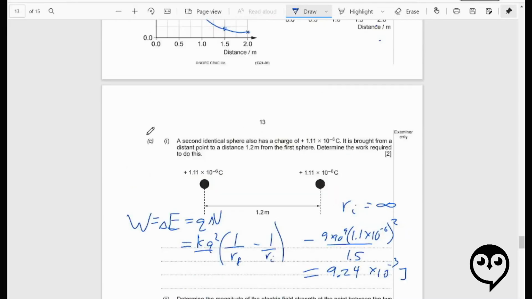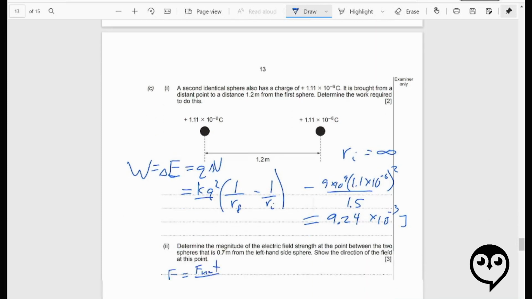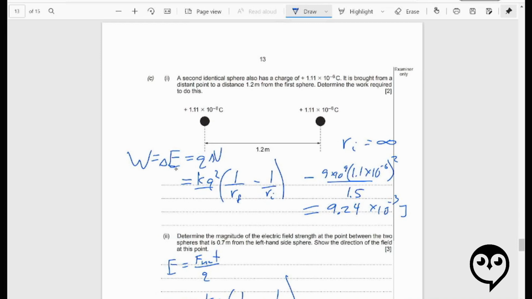Moving on here, we've got a second identical sphere added on, just like the one we had before, with the same charge. It's brought from a distance to a point that is 1.5 meters from the first sphere. Determine the work required to do this. The work required is the change in potential energy, that's charge times the electric potential.